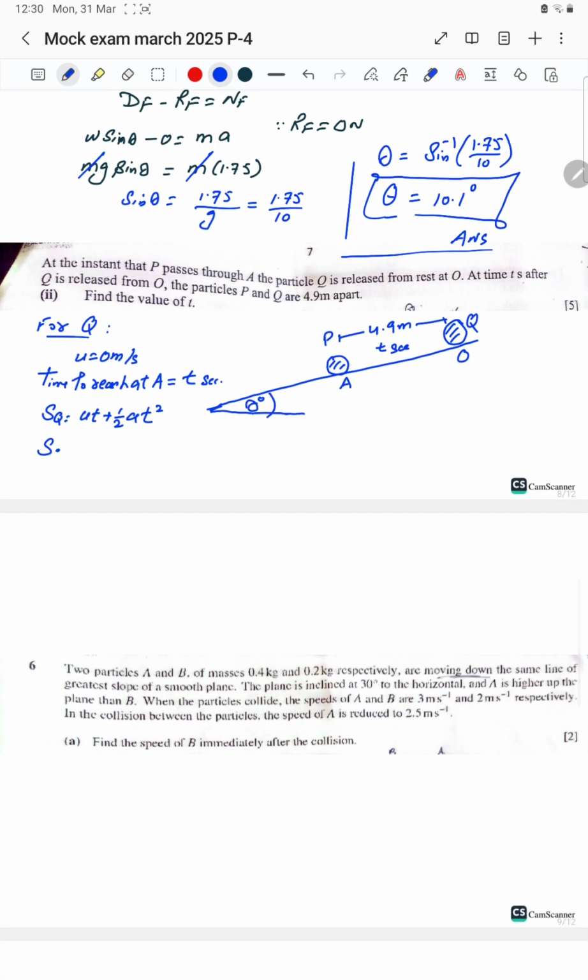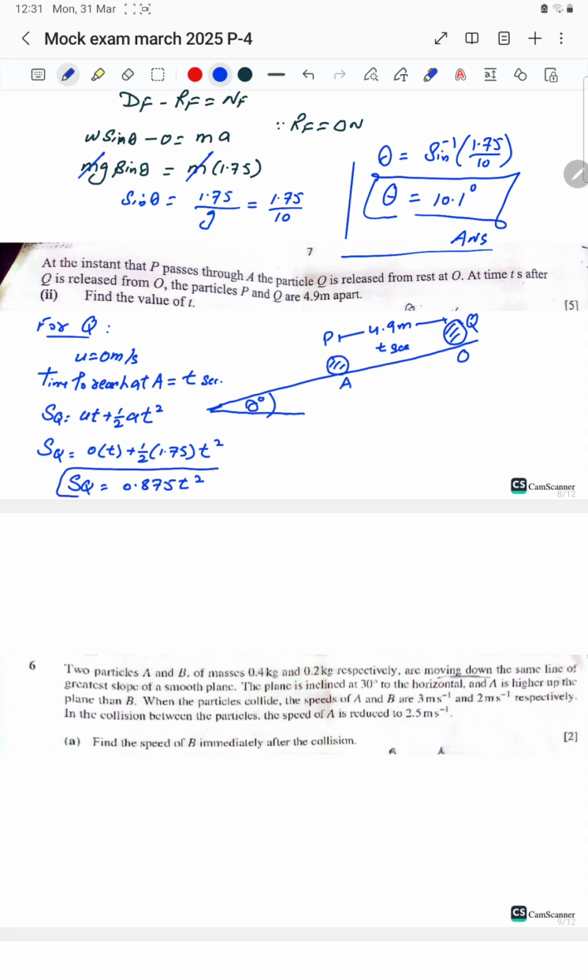So SQ will be u, initially 0, times t, plus half times 1.75 times t squared. On the calculator, SQ is 0.875 t squared.